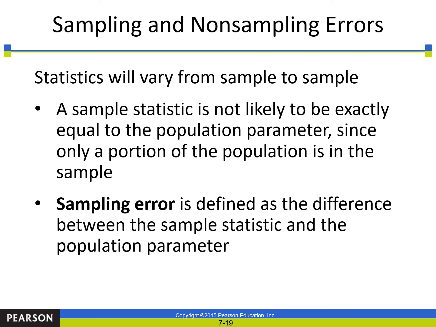Sampling error is the difference between the sample statistic and the population parameter. So as you all create your first simple random samples, you're all going to have slightly different sample means. However, they should all be relatively close, and we will investigate the sampling error and see how different methods can affect it.